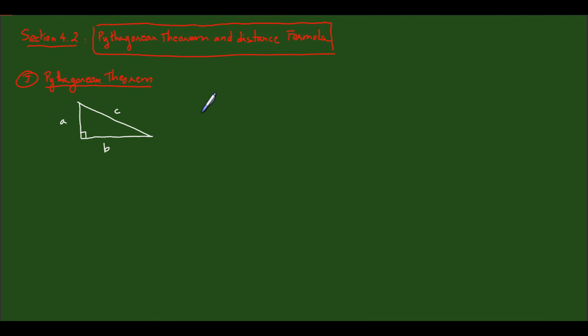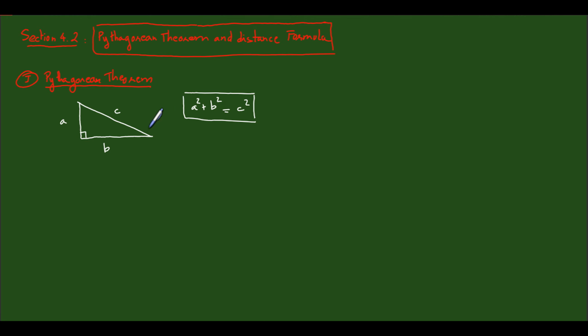Then the theorem states that if you sum the squares of each leg of the right triangle, a squared plus b squared, then it will give you the hypotenuse, so that equals c squared. A squared plus b squared equals c squared.